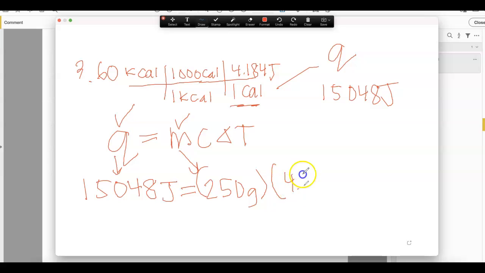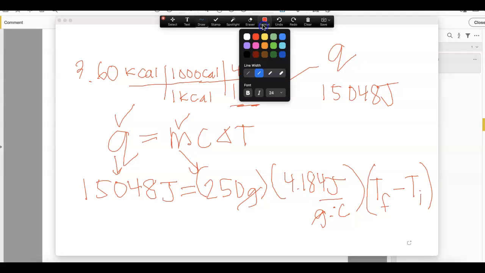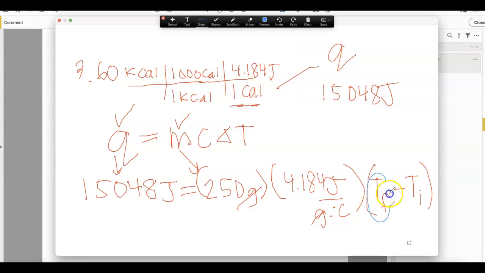It's 4.184 joules per gram degrees Celsius. I'll notice my grams will cancel. And then ΔT means temperature final minus temperature initial. Well, they're asking you to solve for part of this. Like, they want to know this guy. So this is like your x, if you want to write it like that.